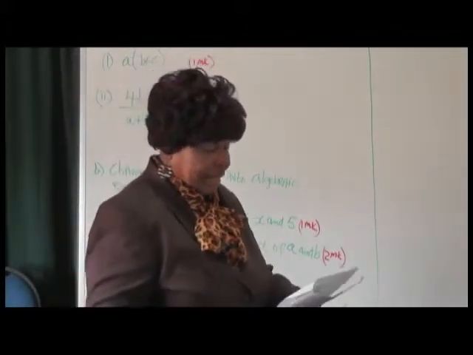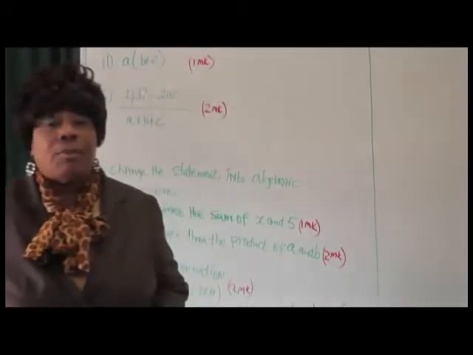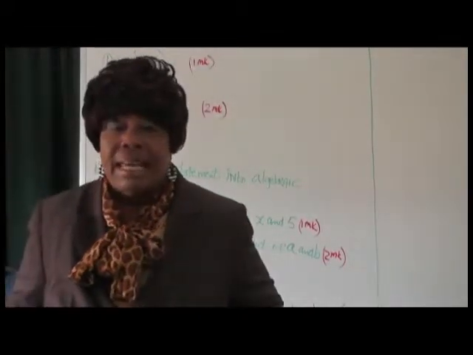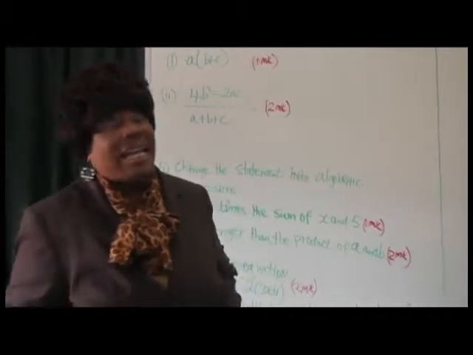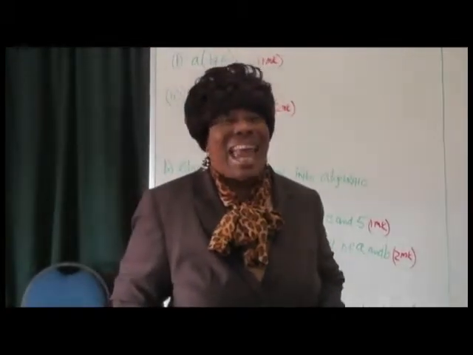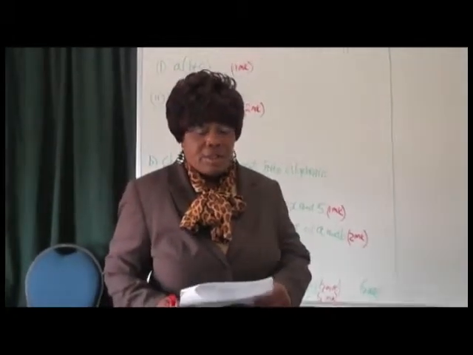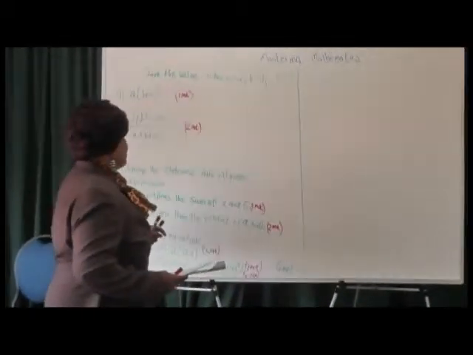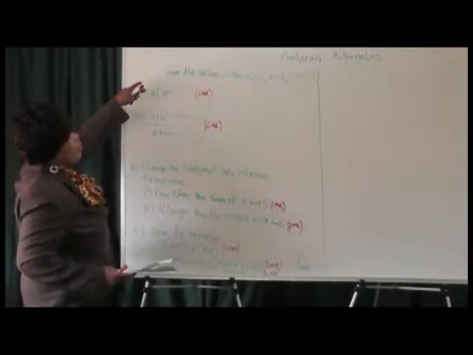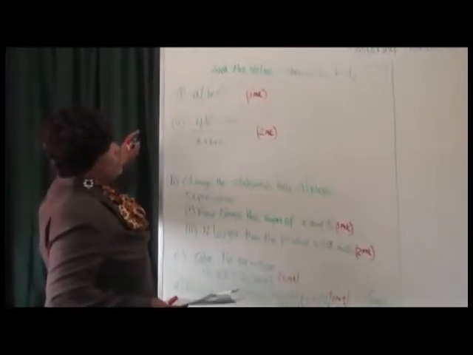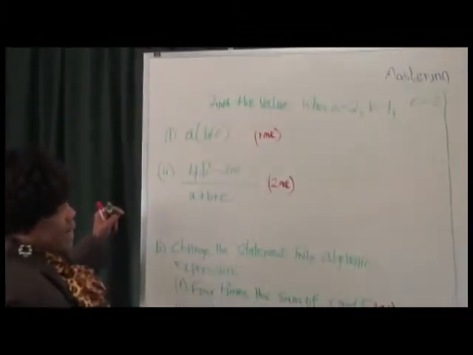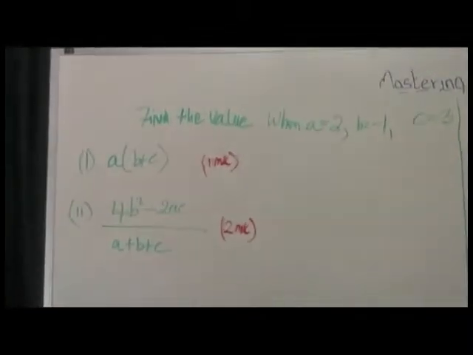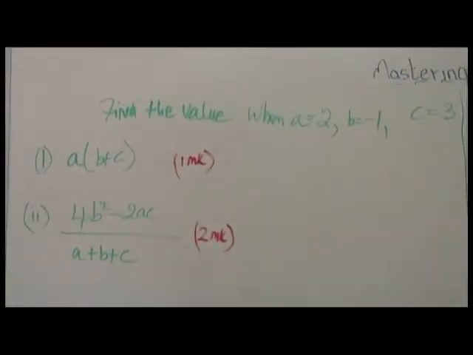This question that I took from the CXC 2008 examination paper, I love it because it has exactly everything that we need to touch in terms of the algebra. The first part of the question says, find the value when A is equal to 2, B is equal to -1, C is equal to 3, and you're going to find the value of each of the following.